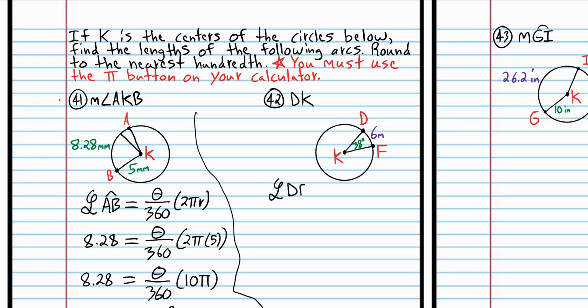So the length of arc df is equal to the central angle over 360 times 2 pi times the radius. So that's pretty much the same formula as over here. We're just writing the different arc notation.